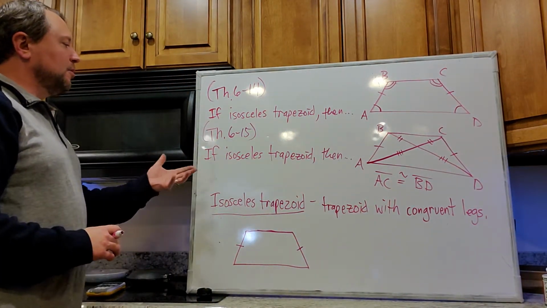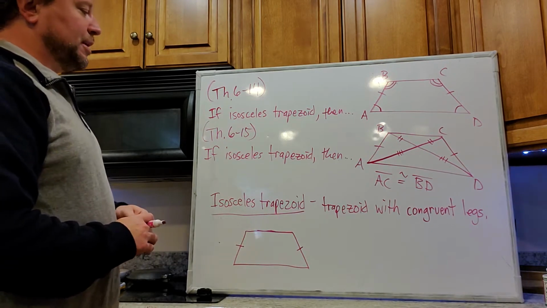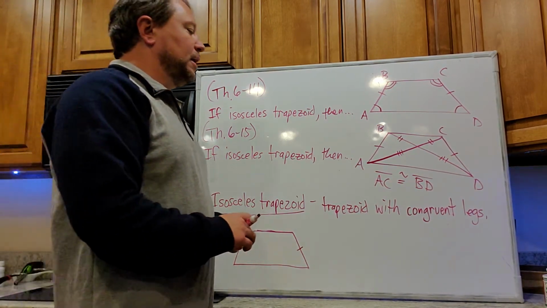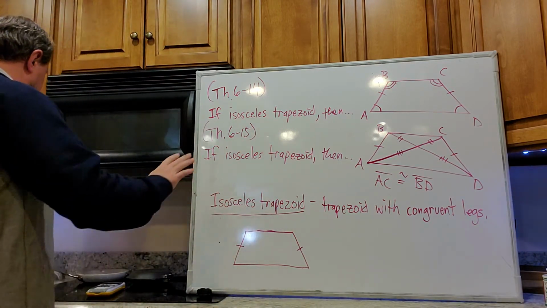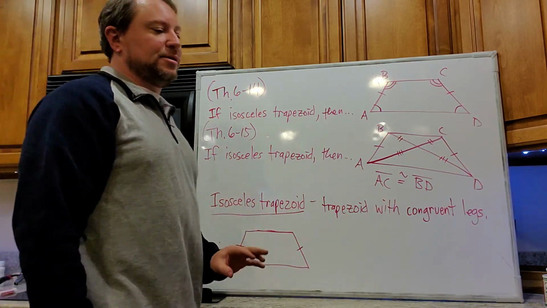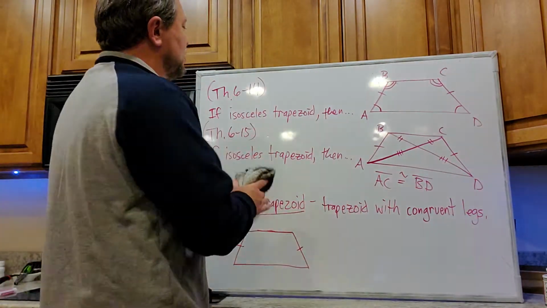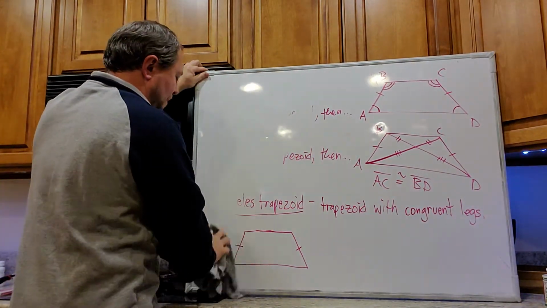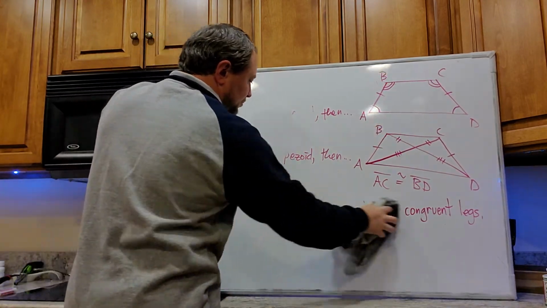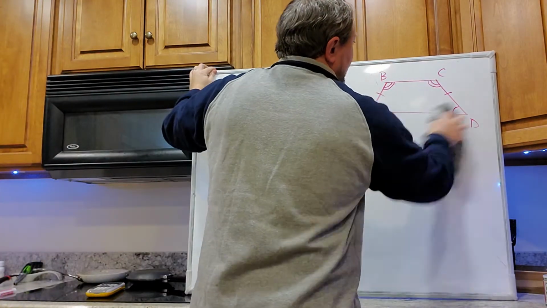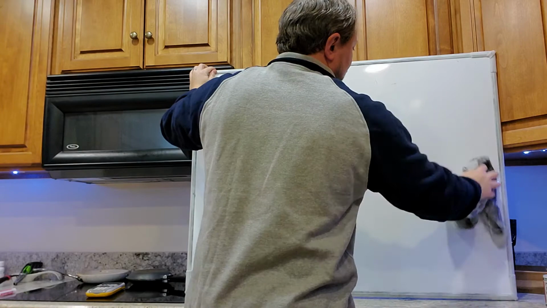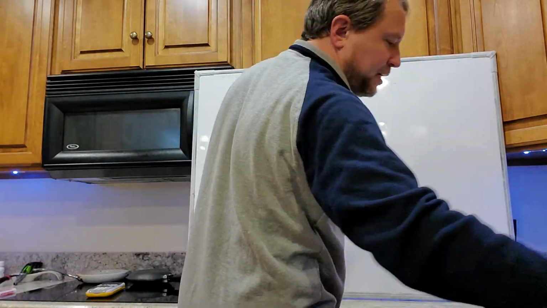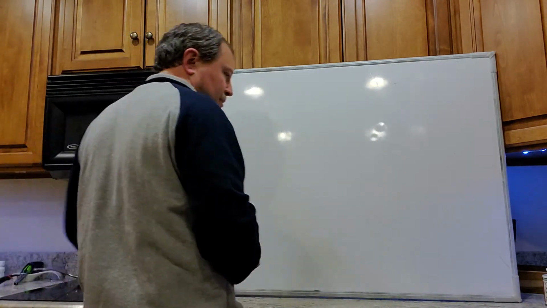All right, so that's our theorems for this section. Well, I'm sorry, there's one more. Okay, now the last idea, though, is not specific to an isosceles trapezoid. Okay, so I'm going to erase the whole board here to show you this last idea. And this, like I said, this last idea applies to all trapezoids, no matter whether it's isosceles or not.